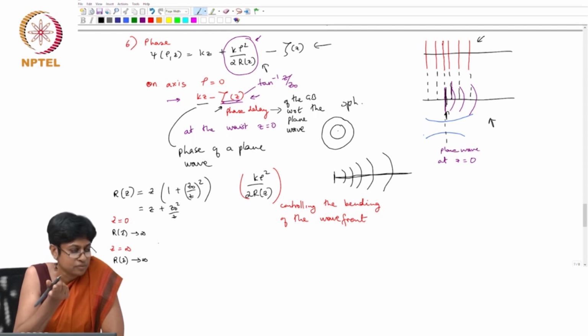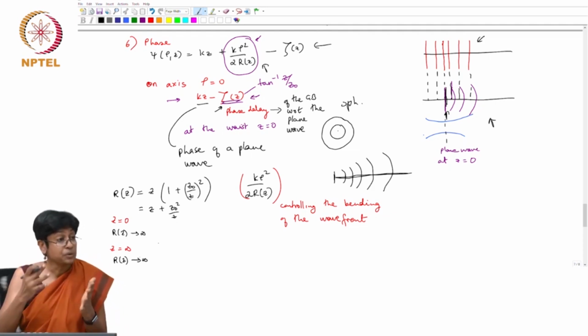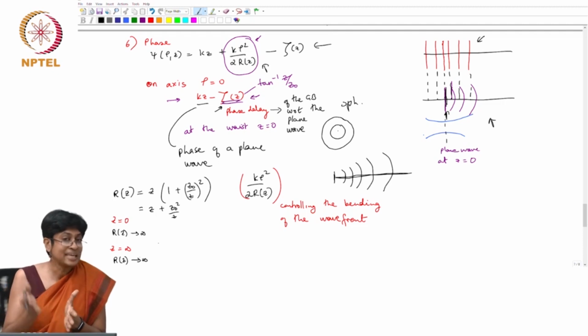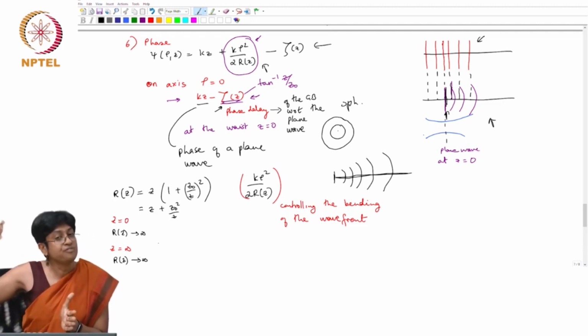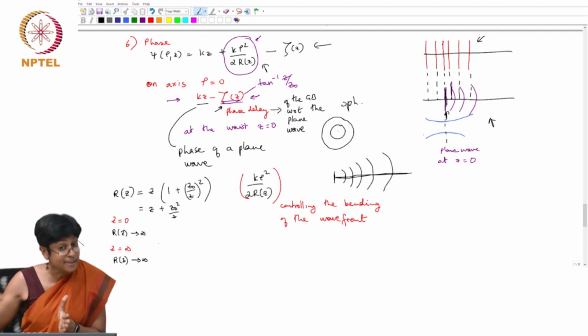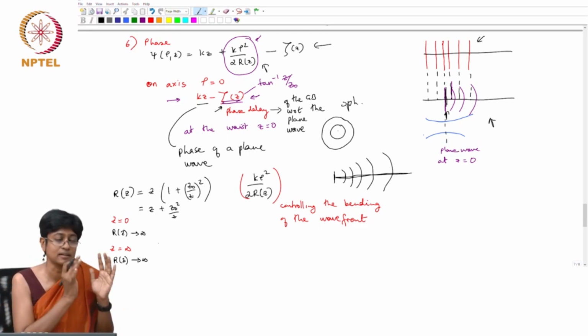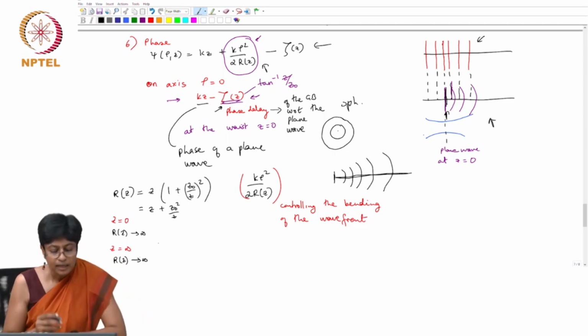It's a plane wave, right? It means the radius of curvature is infinite. It's nothing but a plane wave. So now you're getting the sense the Gaussian beam at the waist behaves like a plane wave, and very far away from the waist again behaves like a plane wave. And in between that has a spherical nature. So it's very, very different from that ideal mathematical plane wave or spherical wave.